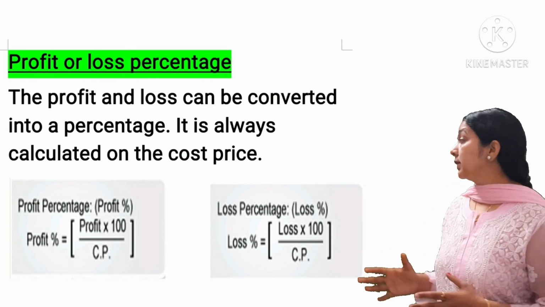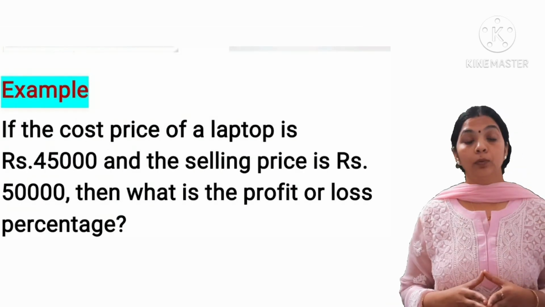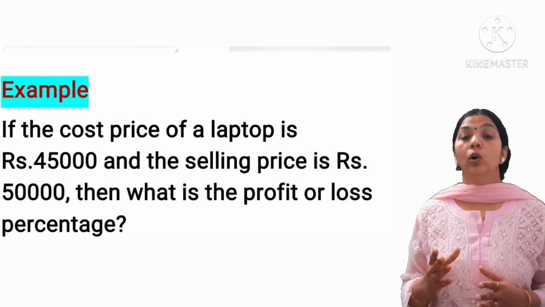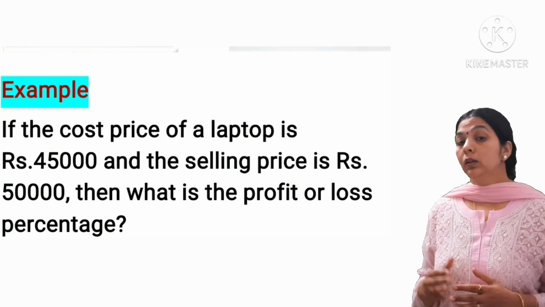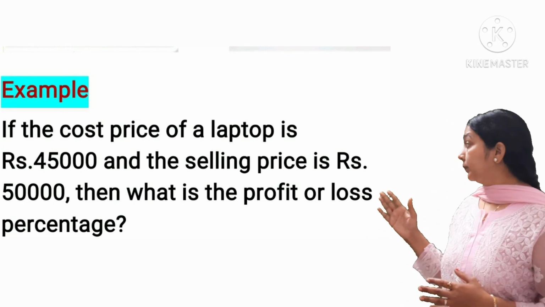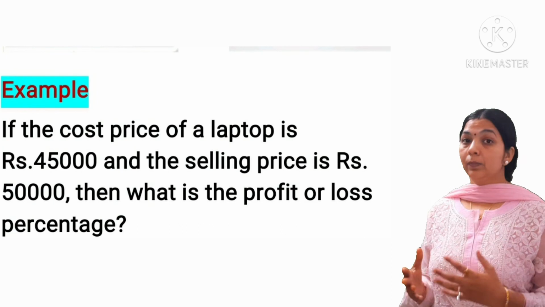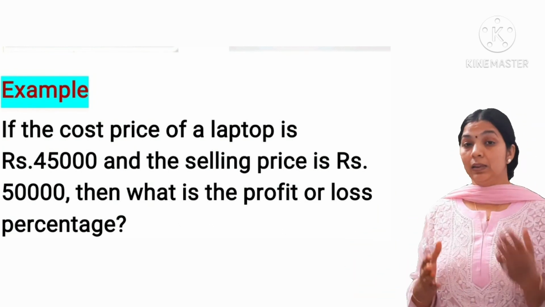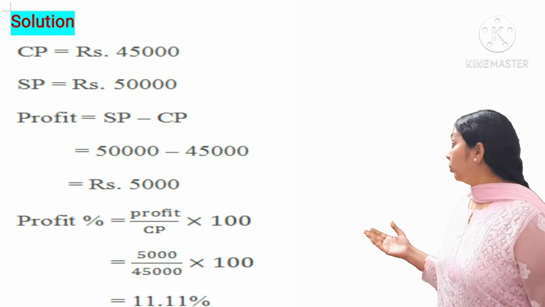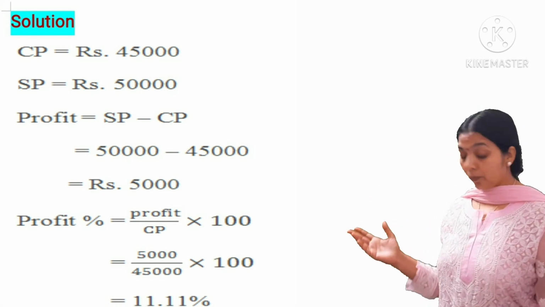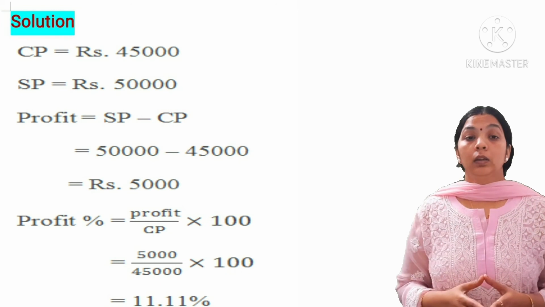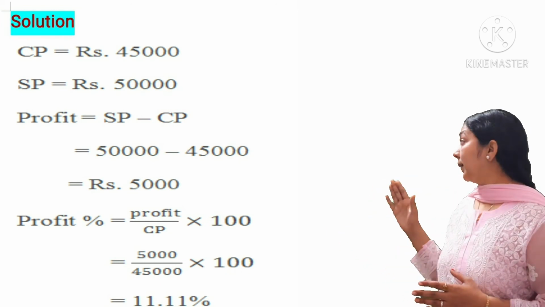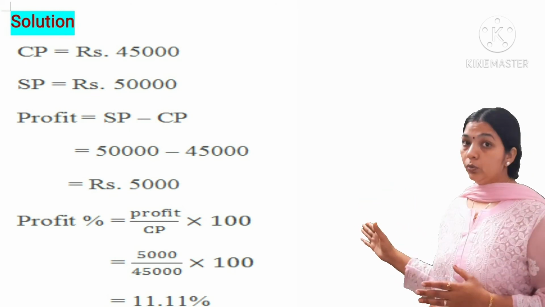Now consider this example. If the cost price of a laptop is 45,000 and the selling price is rupees 50,000, then what is the profit or loss? Here the cost of the laptop and the selling price of the laptop are given to you. You can easily see that the cost price is less than selling price, so the owner is having profit. Now CP is 45,000, SP is 50,000, so profit will be SP minus CP, that is 5,000 rupees.